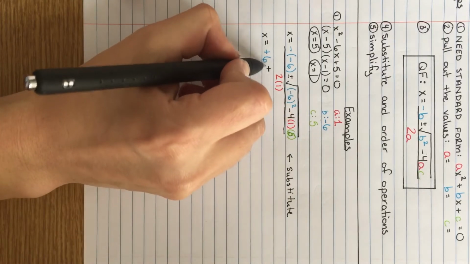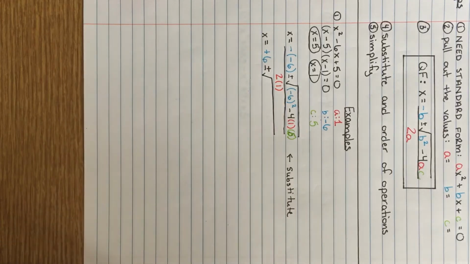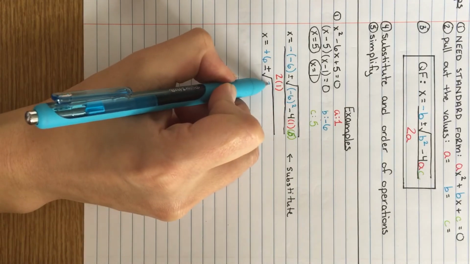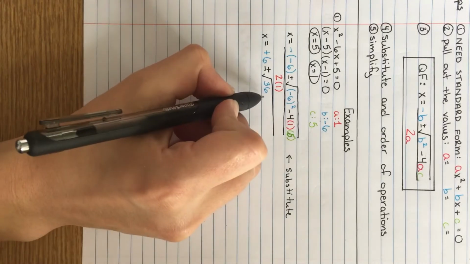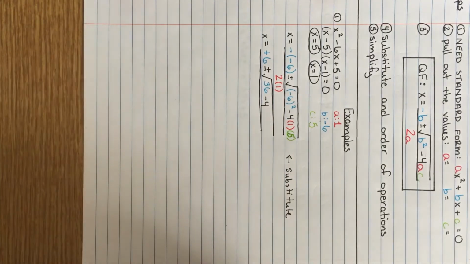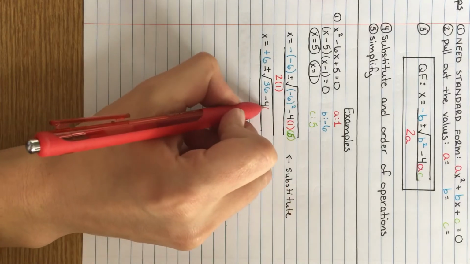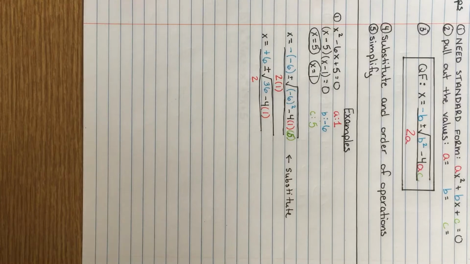Plus or minus. I'm going to go ahead and square -6. This b squared value will always be positive. Minus 4 times a times c all over 2a.